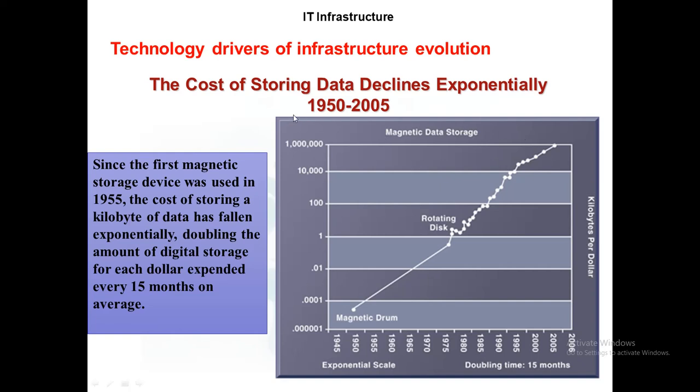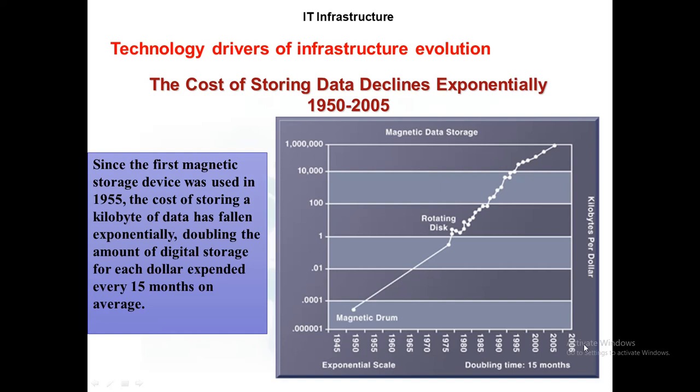Then still we are looking at the cost of storing data, which is reducing exponentially. Previously the cost was very high, but as the time goes on, if we are comparing 1945, where we had a magnetic drive, and now where we are with our different kinds of devices.